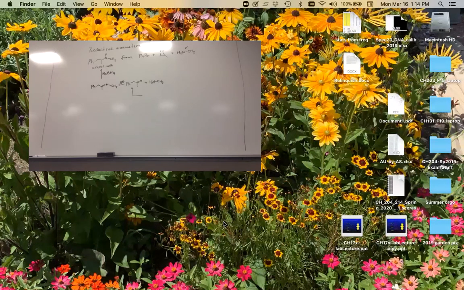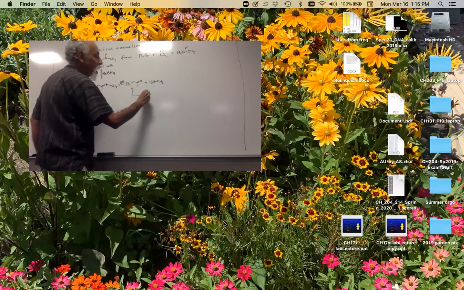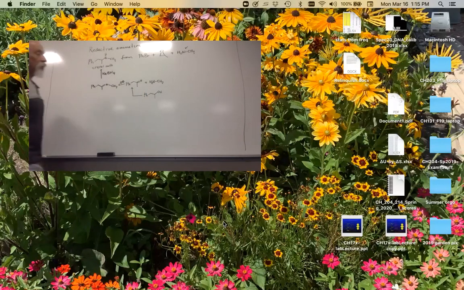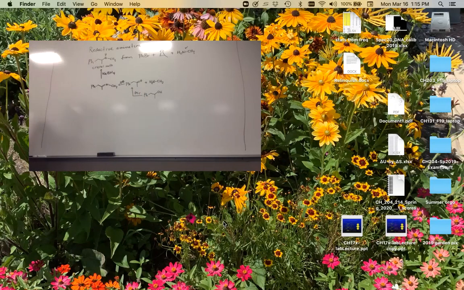So it could be Jones, or it could be PCC, or Swern, or DMP, all of the various ways of oxidizing an alcohol to a carbonyl compound. And so you could oxidize, I'm going to use PCC, but you could use Jones or DMP or a bunch of other stuff.